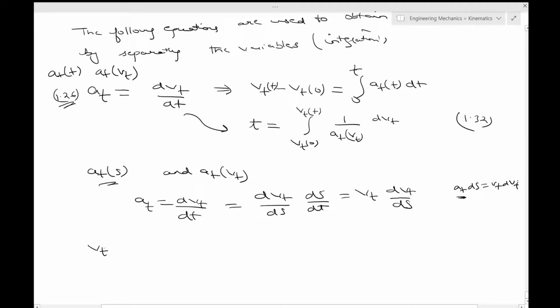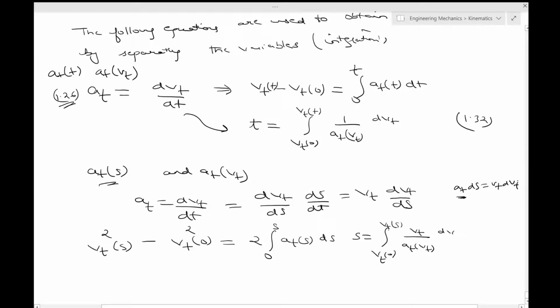So you will get Vt of s whole square minus Vt of 0 whole square is equal to 2 times the integral from 0 to s of At of s ds, and s would be equal to the integral from Vt of 0 to Vt of s of Vt over At of Vt dVt.